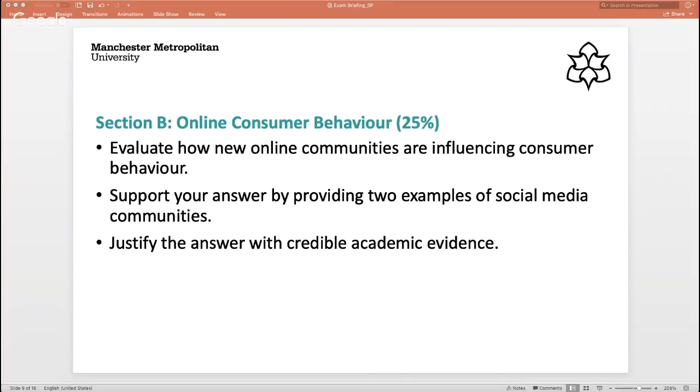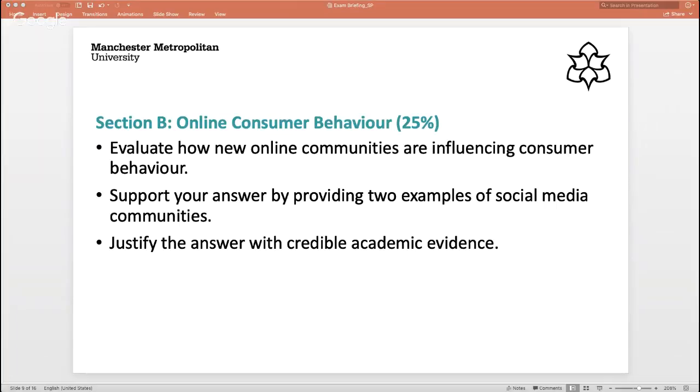Then we're going to be asking you to support your answer by providing examples from 2 social media communities. What we mean by social media communities is maybe Instagram, which can be one social media community, versus Mumsnet, which is a completely different way to consume online. On Mumsnet, you get a forum where people ask questions, people provide answers, and you get loads of helpful information.